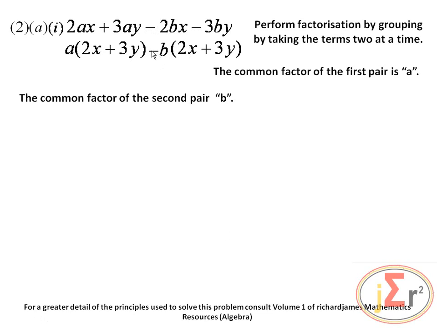And of course, negative into negative again, the b's will cancel also, and we have a positive 3y, because negative into negative is positive. So the common factor, as we can see, 2x plus 3y is in that bracket, and 2x plus 3y is in the other bracket. So the common factor is 2x plus 3y, and in the other bracket, what do we have? a minus b.